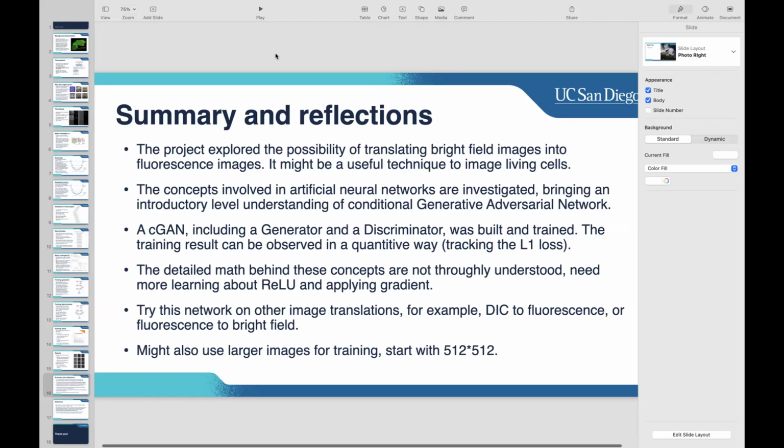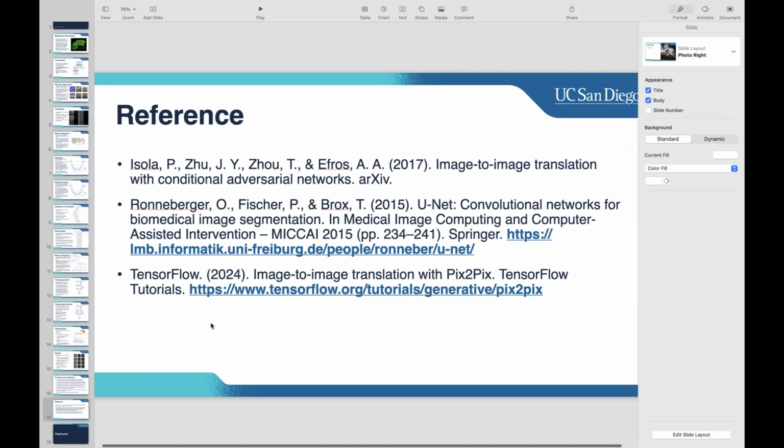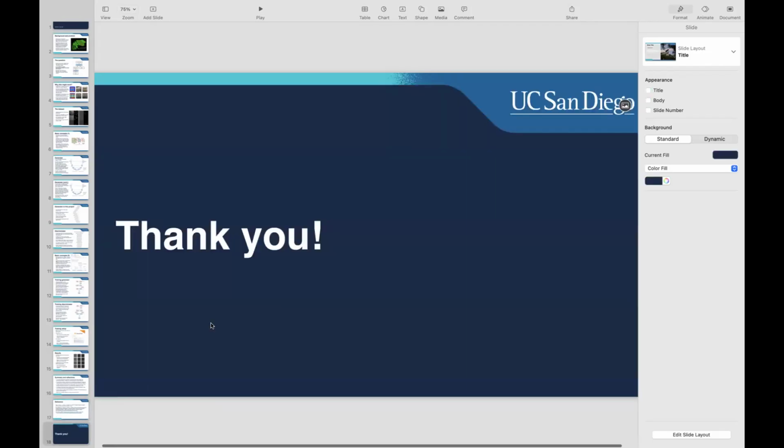And maybe I can try this network on other image translations, for example, DIC to fluorescence, or from fluorescence to bright field, like translating back. I might also use larger images for training, start with 512 by 512. And here are my references, and that's all.